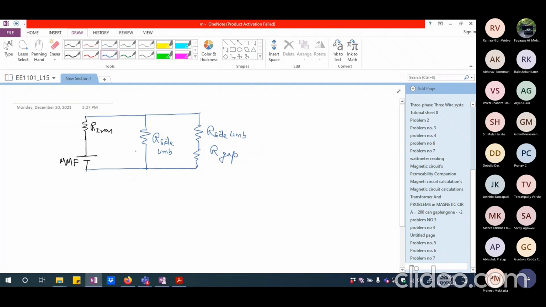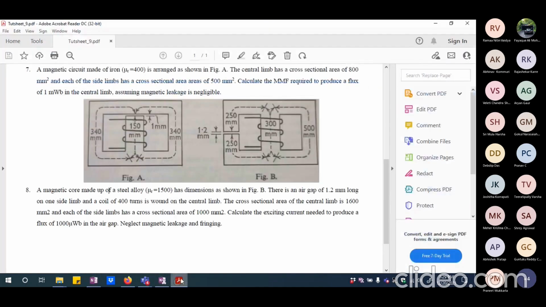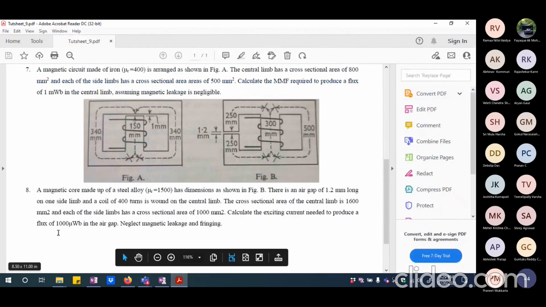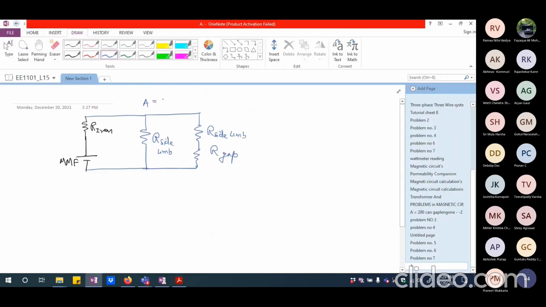So this is what is given, and you are given the area of cross section for either of them: 1600 mm square and 1000 mm square. So this is going to be 1000 mm square and this is 1600 mm square.